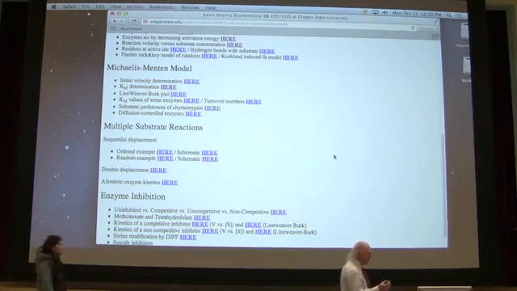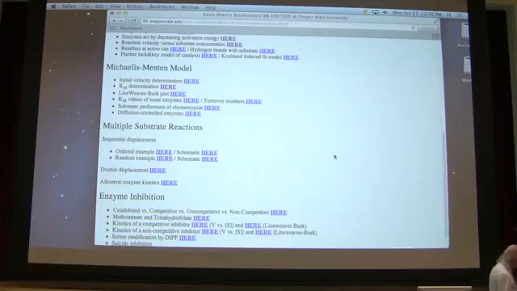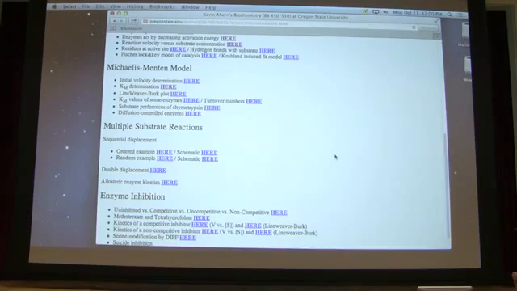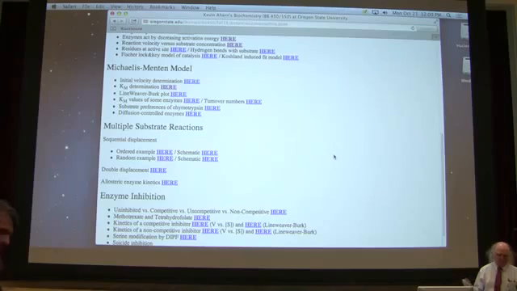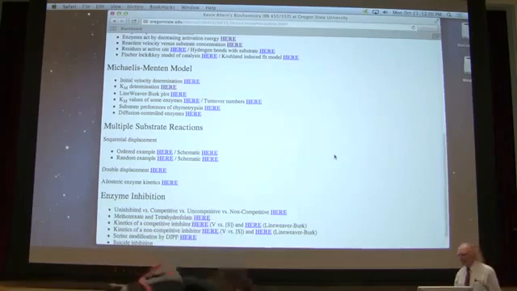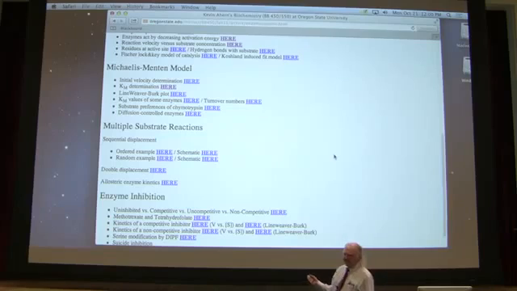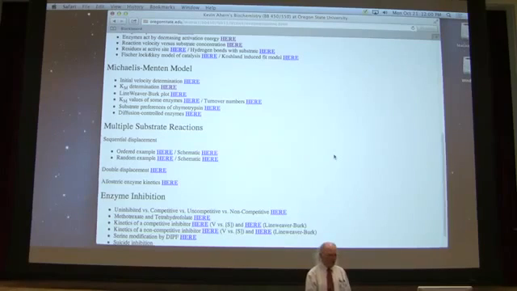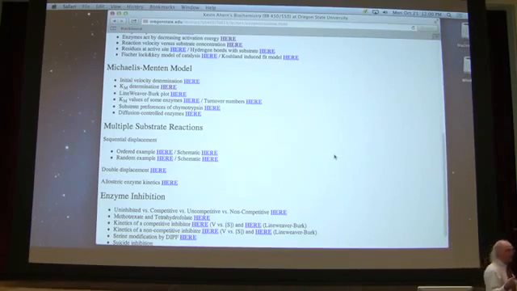Vmax is a situation, and I gave you the analogy, but I didn't really finish it last time. Vmax is a situation where the enzyme is saturated with substrate. Saturated, meaning that as soon as the enzyme finishes catalyzing a reaction on one molecule and releases its product, another one is there and ready to bind to the enzyme so that it can react. All right.